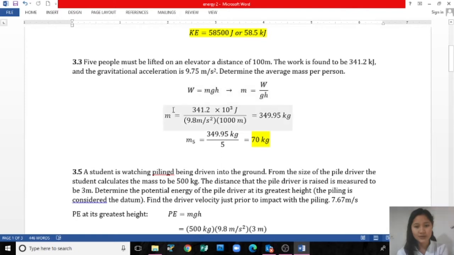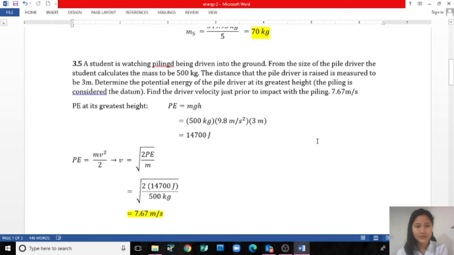Then substituting all the givens to the formula and performing all the operations, the mass is equal to 349.95 kilograms. But since we are looking for the average mass per person, we have to divide this mass by 5. So the average mass per person now is equal to 70 kilograms.